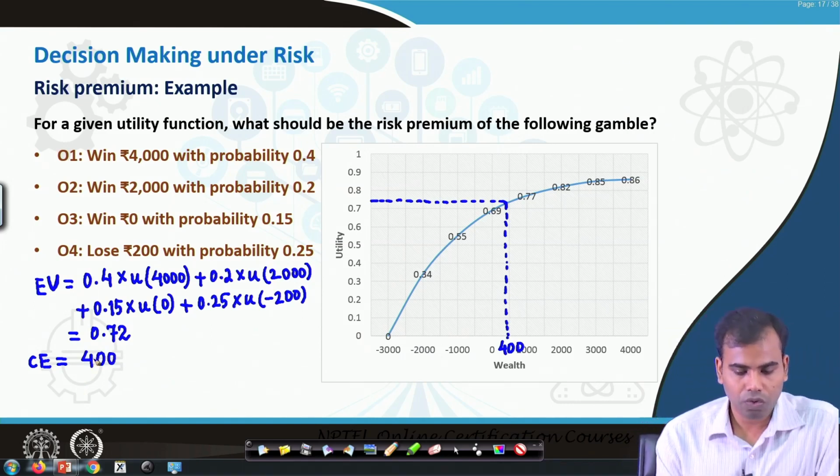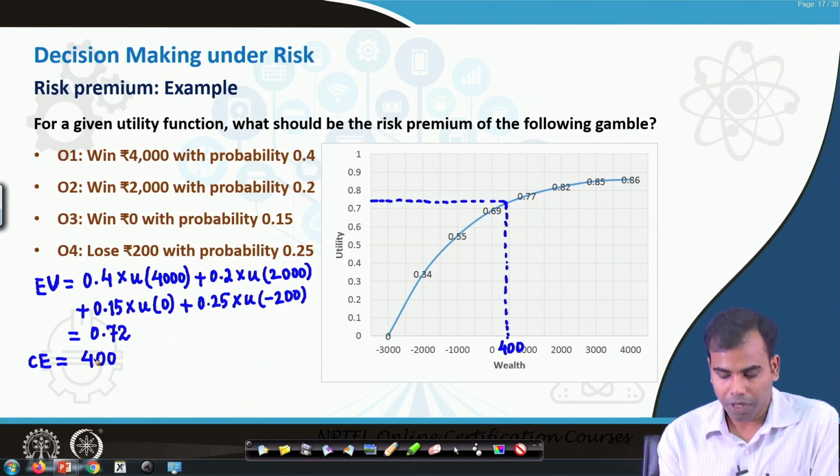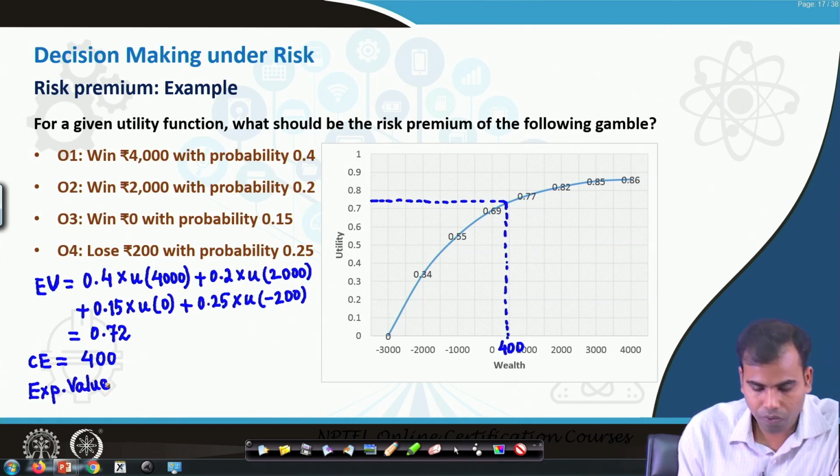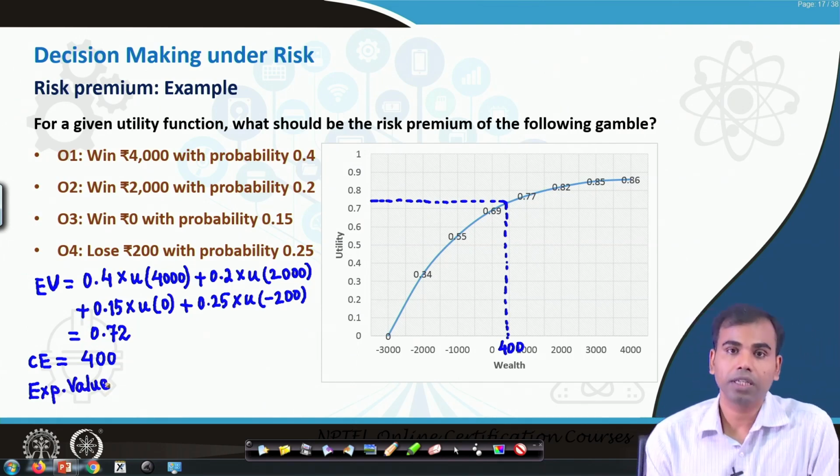Third step to explain this example would be to calculate the expected value, which is basically the value of the cash flows which you will get if you hold on to the risky choice.